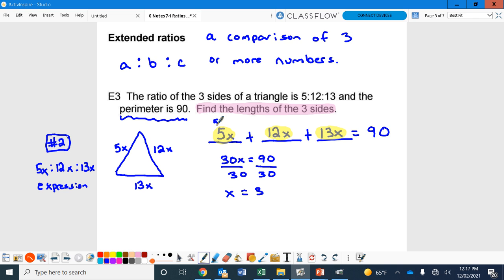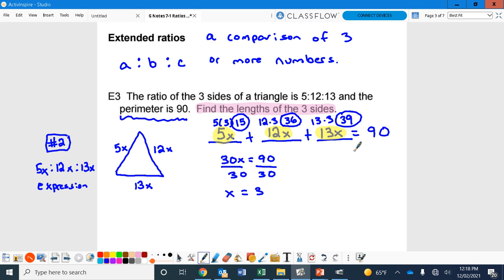So 5 times 3 would be 15. 12 times 3 would be 36. And then 13 times 3 would be 39. That would actually be the answers: the 15, the 36, and the 39 that are circled there.